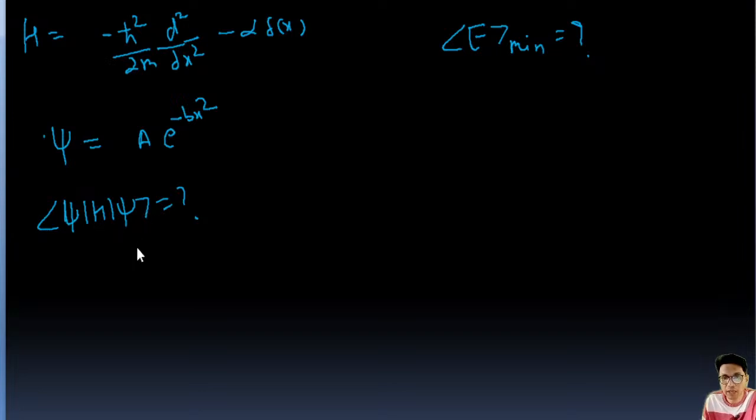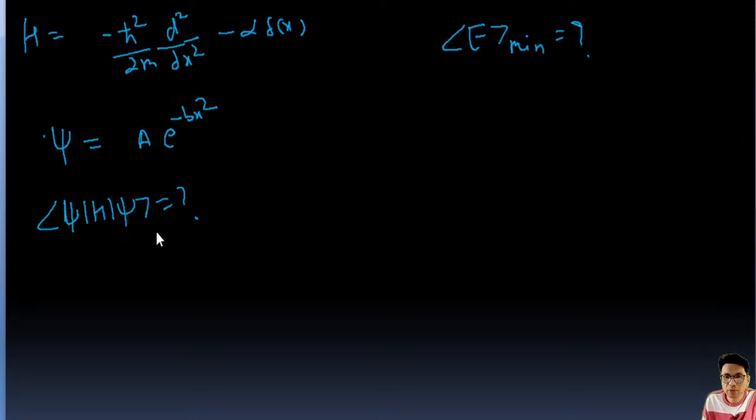After getting the expectation value of the Hamiltonian, we'll find the ground state energy of the system.